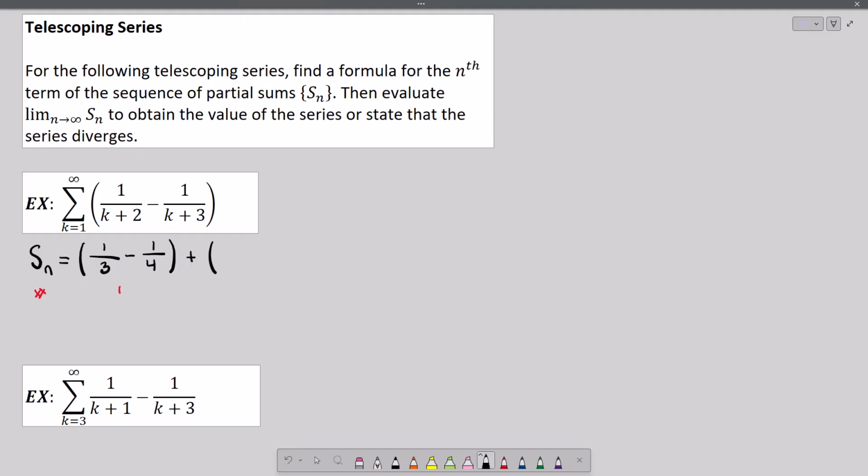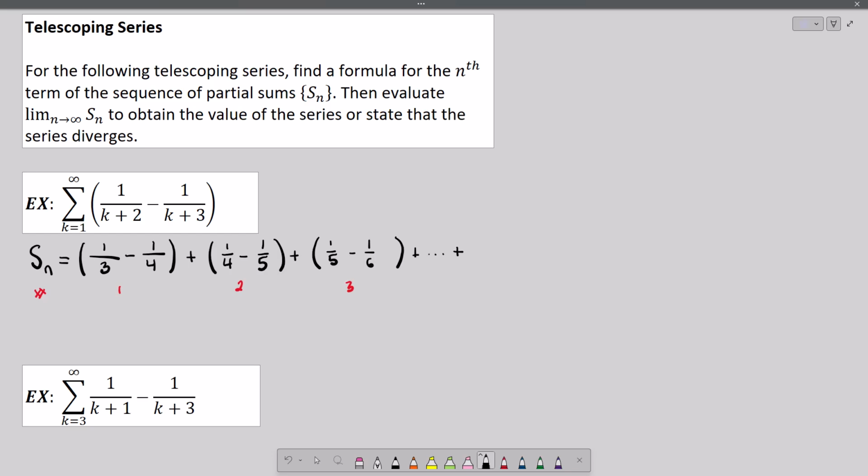We get a 4th minus a 5th. So that's the second term. The third term, term number 3, we will plug in a 3, so we'll get a 5th minus a 6th. And that's going to continue on forever.